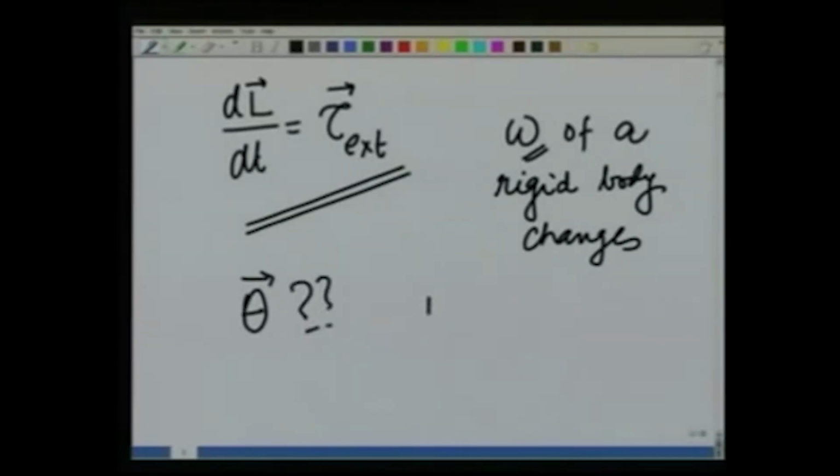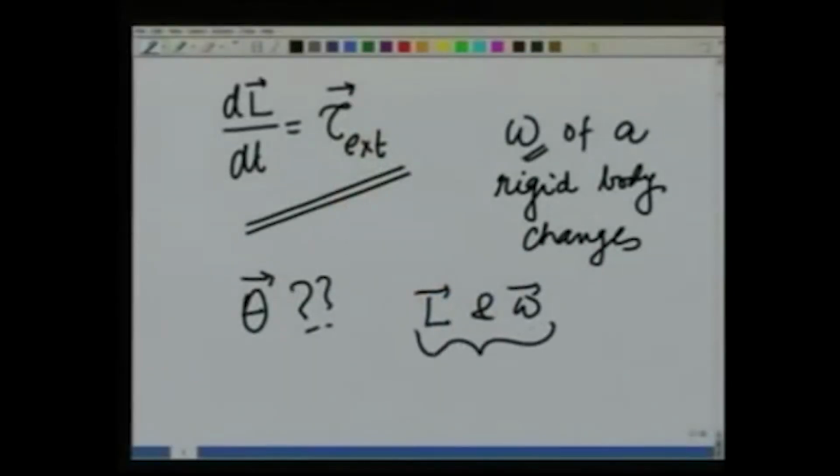And how are L and omega related, so that once I calculate how L is changing, I could relate it to change in omega, and from omega I can find how the angle of a body with respect to different axes is changing. These are questions for which the answers come when we develop the relationship between L and omega. We see how when L changes, how omega changes. We see how theta is related to omega, and so on. So, we do that now.